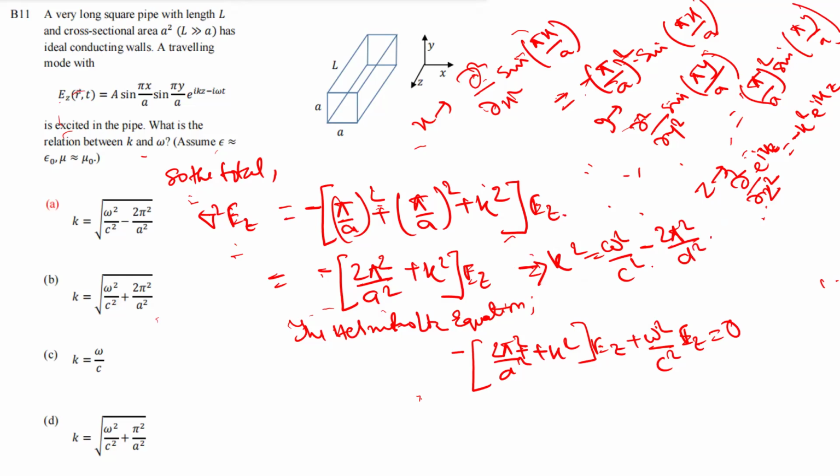Taking the square roots, we can write that k equals root over omega square by c square minus 2 pi square by A square.